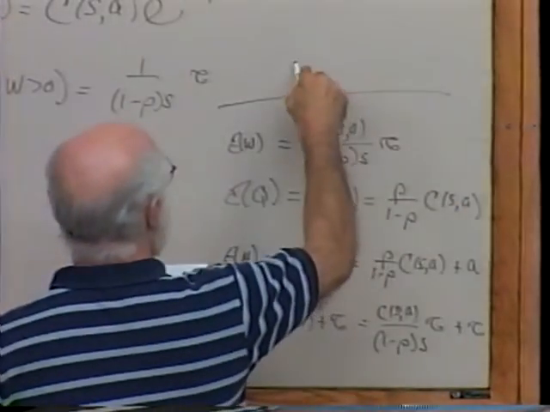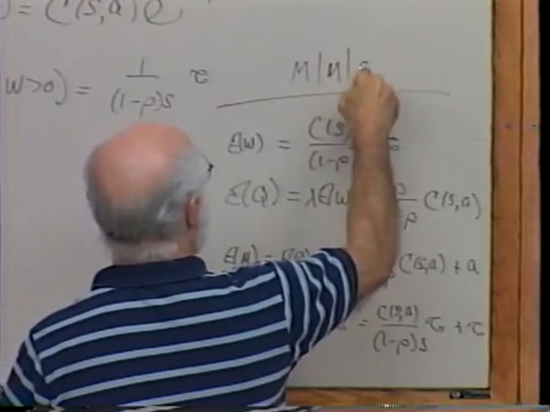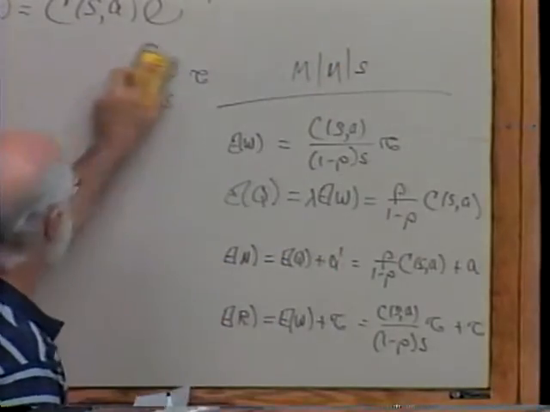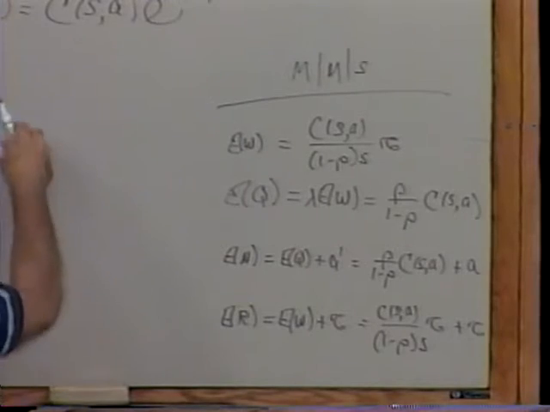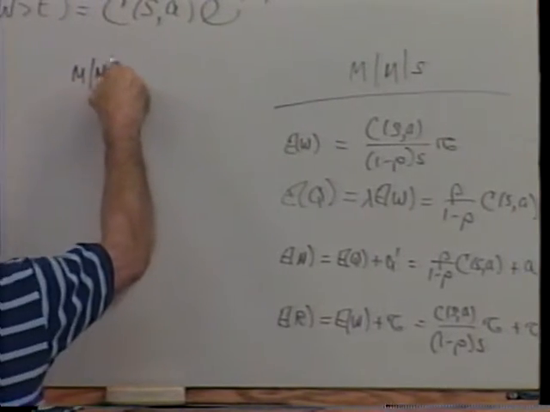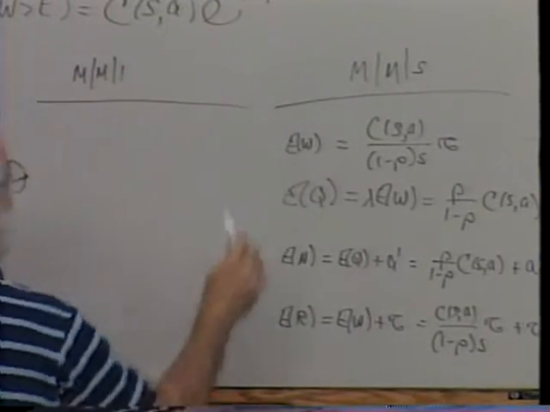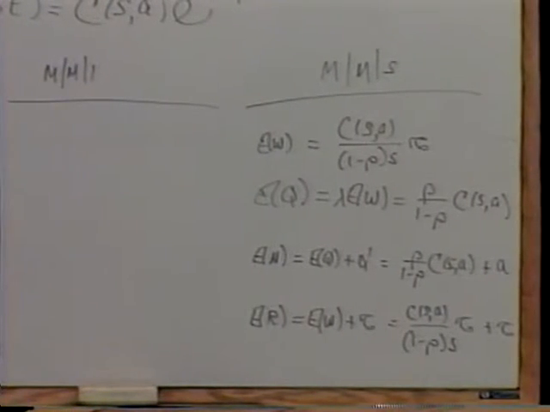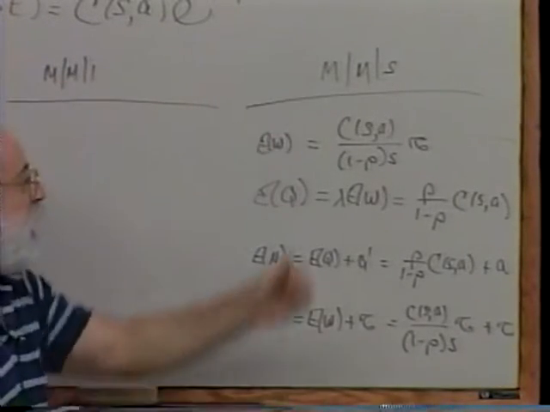Now this is for MMS in general. How about MM1? MM1 is the most important single case. In fact, when you take one of these courses in communications and there's any performance in it, all you really see is the formulas for MM1 over and over again. So MM1 is just a special case with S equals 1.